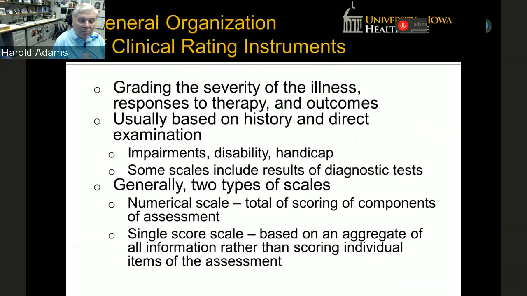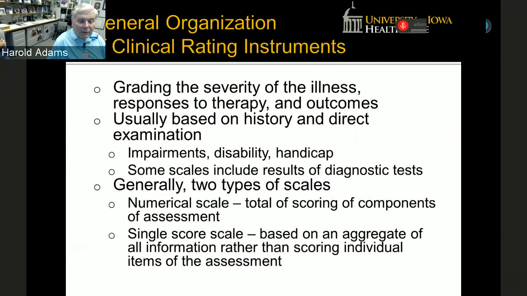The impairment may not be the same as disability. For example, if two people are out cutting wood in the forest and both chop off their right hand, the vocalist may have the same impairment as the pianist, but obviously the vocalist does not have the disability of the pianist.